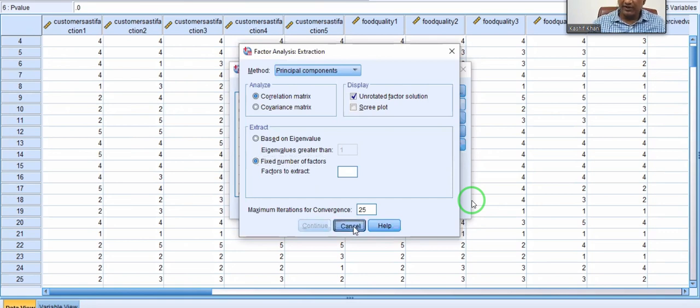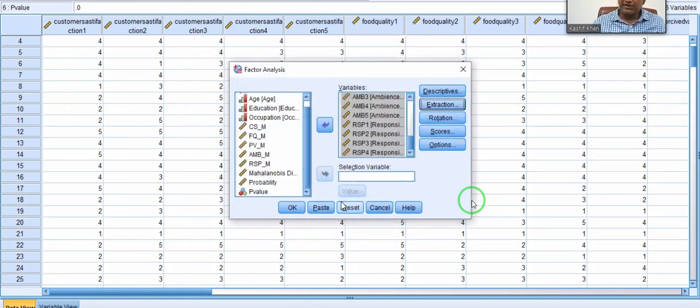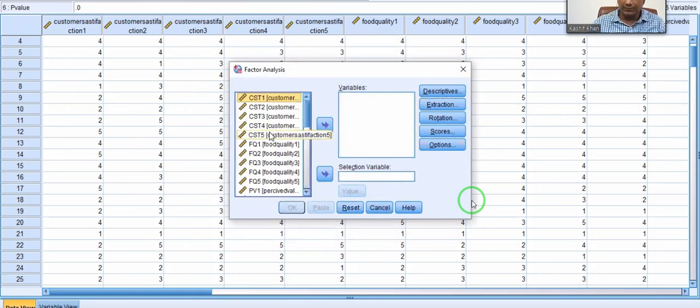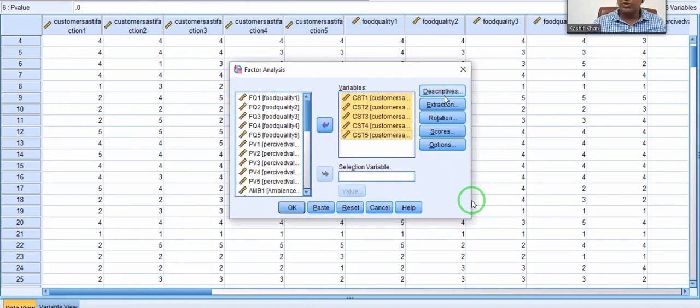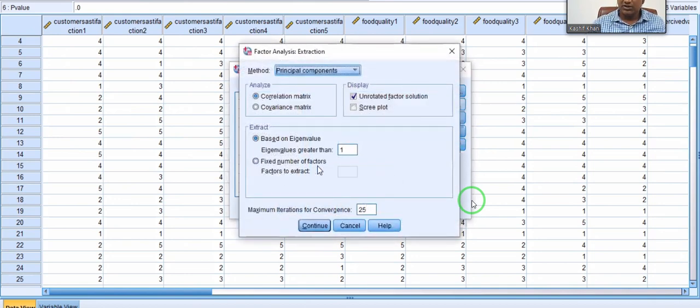I'm running CFA. For CFA, what I'll do, I'll go one by one. Customer satisfaction only, and I just need to make sure that it loads, right? Extraction, fixed number of factors 1, leave as it is, principal component, don't do anything. Eigenvalue is 1, okay.